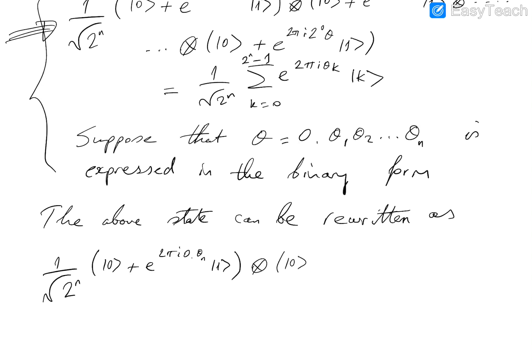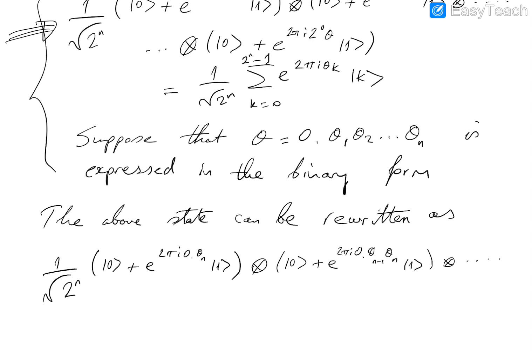And then in the second qubit, an extra bit comes up in the phase, so we have a better estimation: ket 0 plus e to the 2 pi i 0 point theta n minus 1 theta n ket 1.